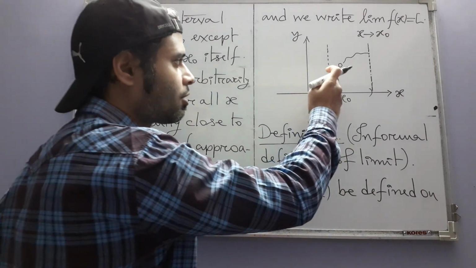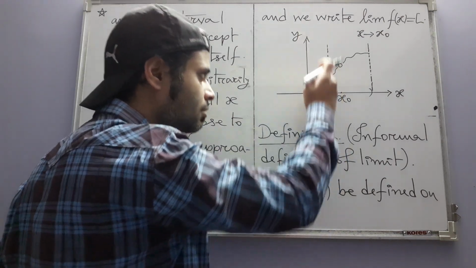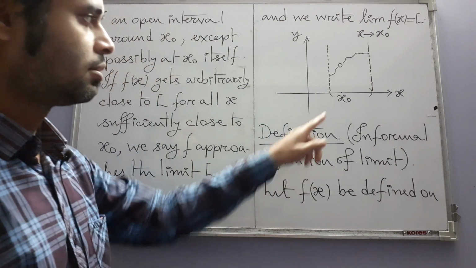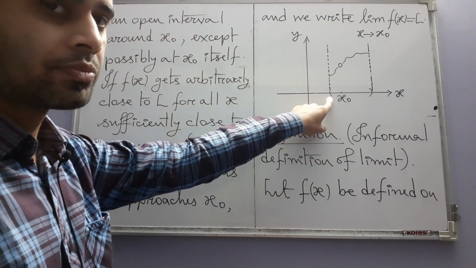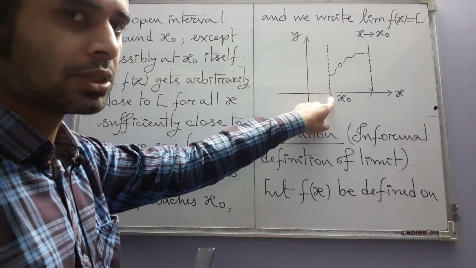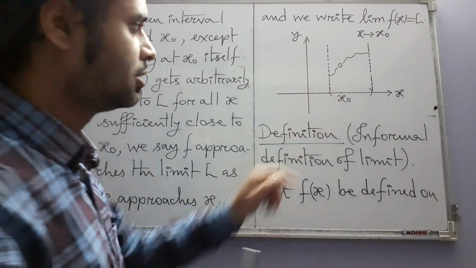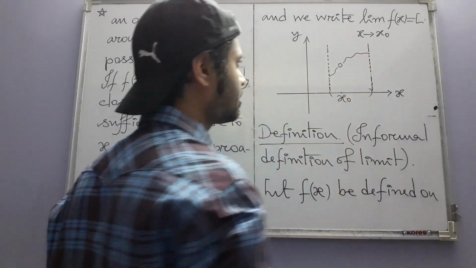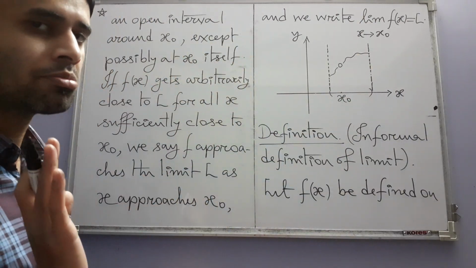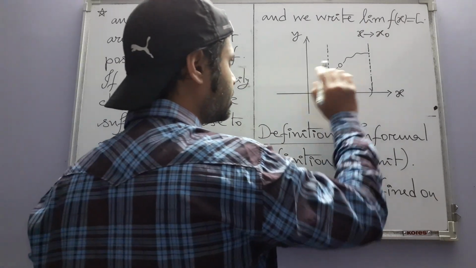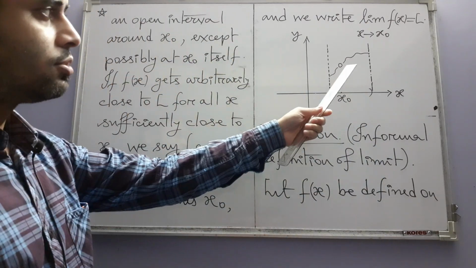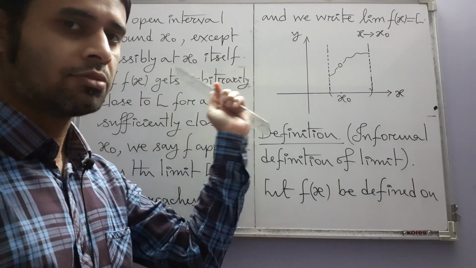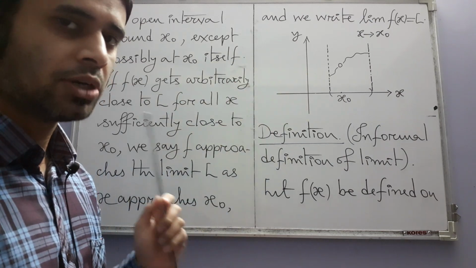The graph cannot touch this line because open interval, the boundary points of an open interval are not points of the open interval. Also it will not touch this line, but that's not the important point here. The important point here is that this is a situation just like that one, f of x equal to x square minus 1 divided by x minus 1.